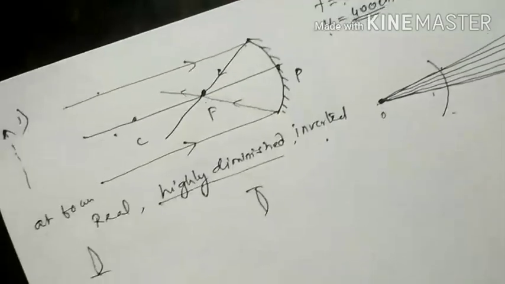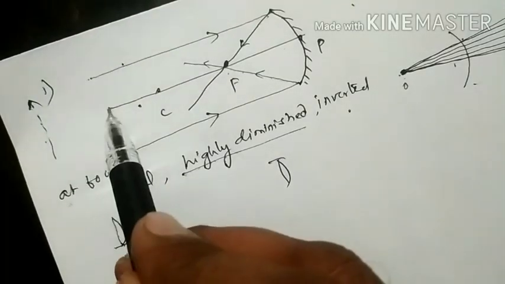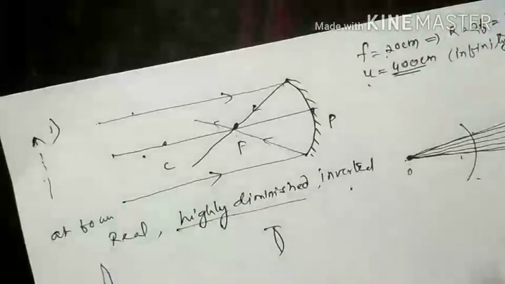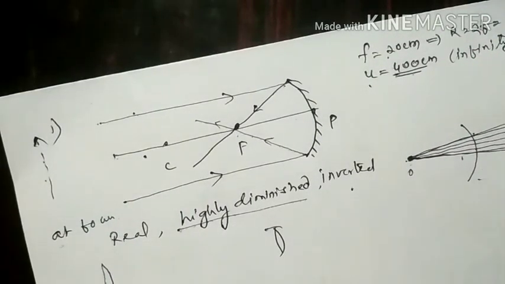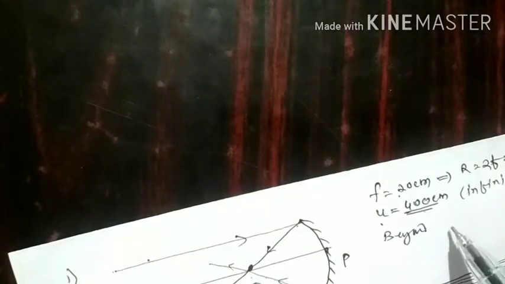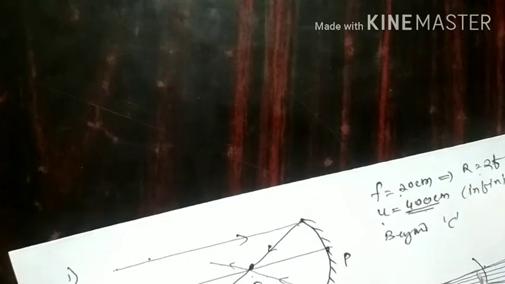Now the second position I want to consider. From infinity I bring the object nearer to the mirror, to beyond C. Beyond C means, suppose the center of curvature, R equal to 2f, is at 40 centimeters.